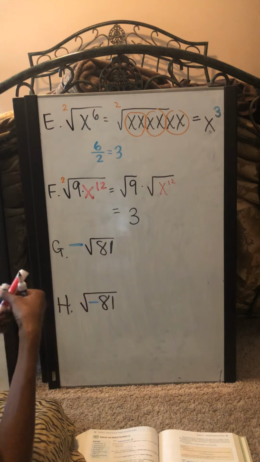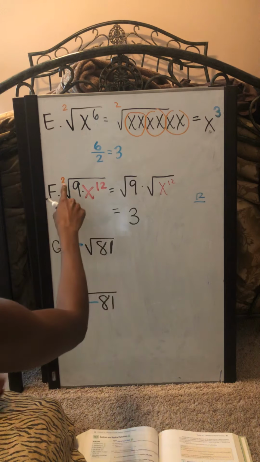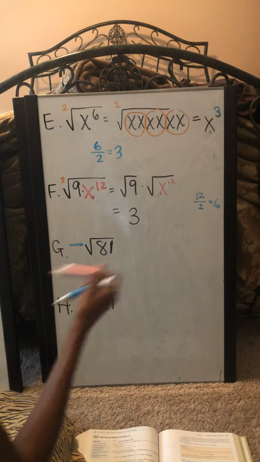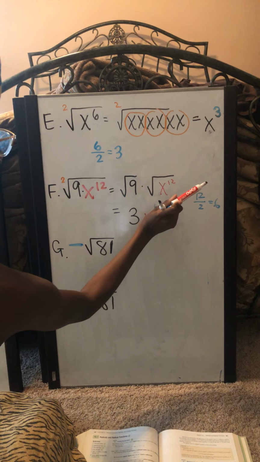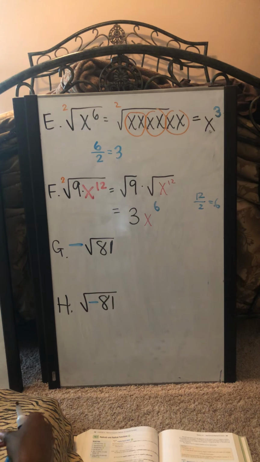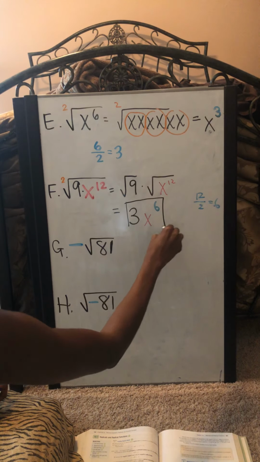And then over here, we can do our little trick. So we say 12 and then divide it by our imaginary 2, which gives us 6. So we know that this is going to now be x to the 6th power, because we take them out in groups of 2. Okay? And that will be our final answer.